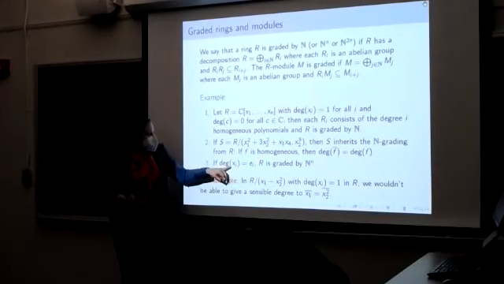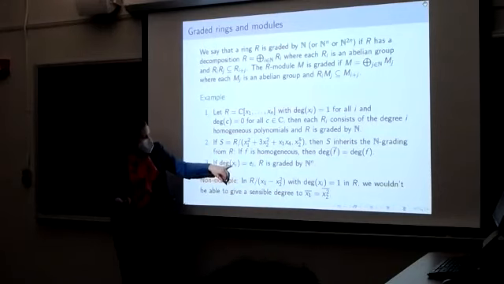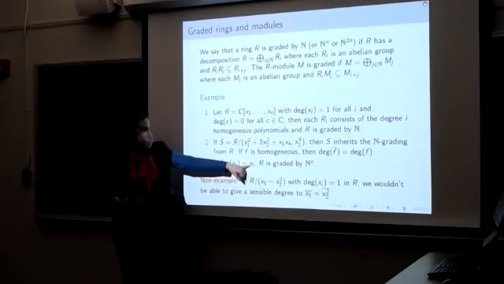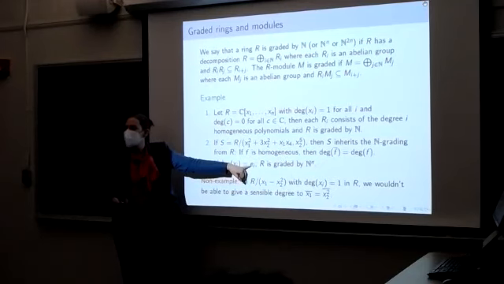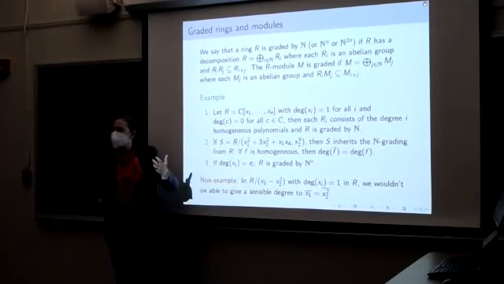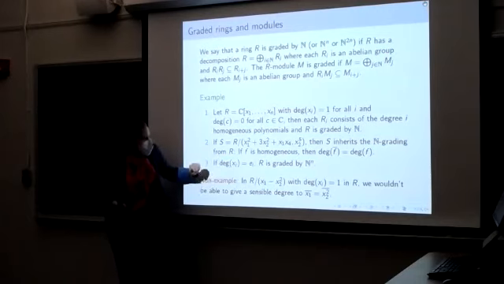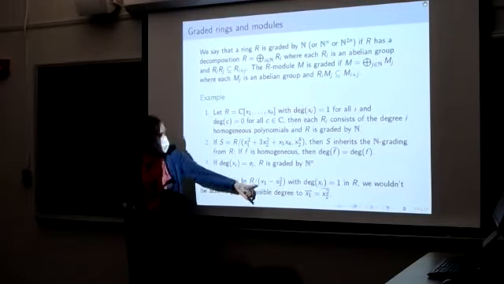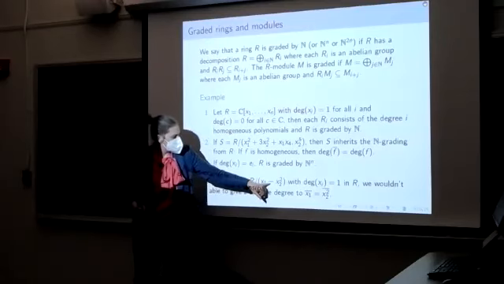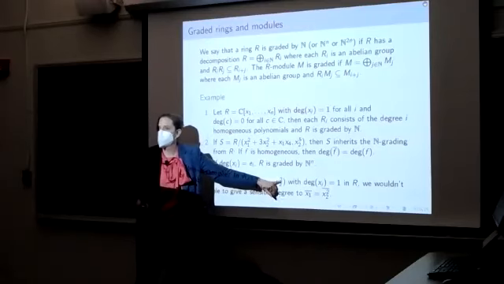We'll also be using an N^n grading, where we give degree i the ith standard basis vector. So the degree of x3 would be the vector 0, 0, 1, and then zeros until the end. A non-example is if we take R as the polynomial ring and try to quotient by x1 minus x2 squared.